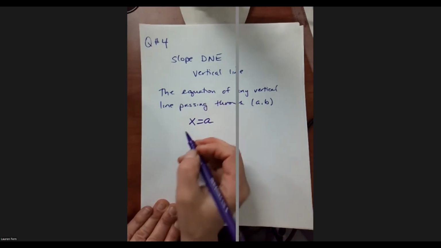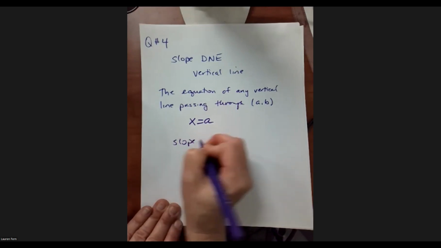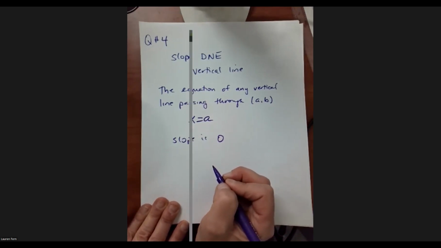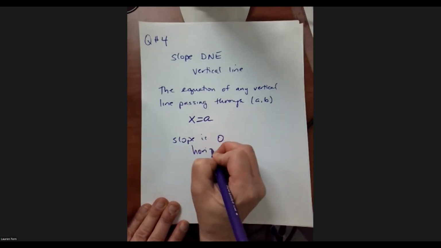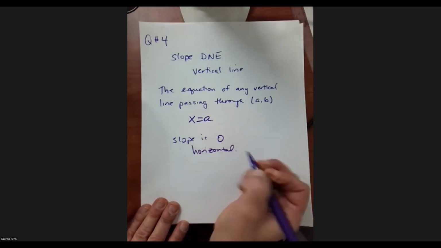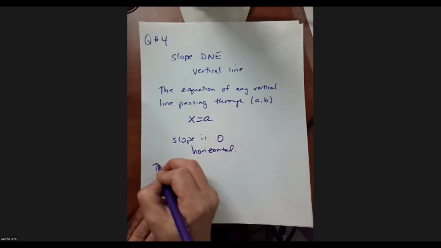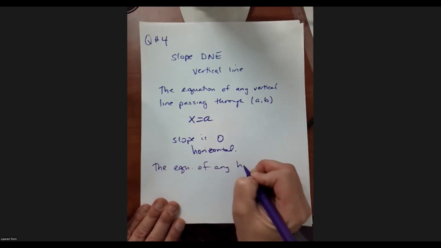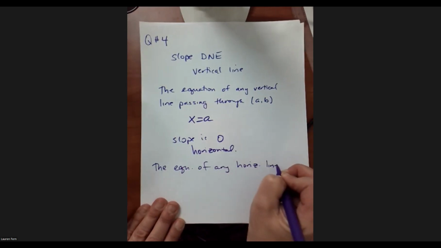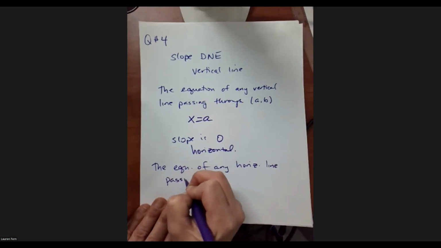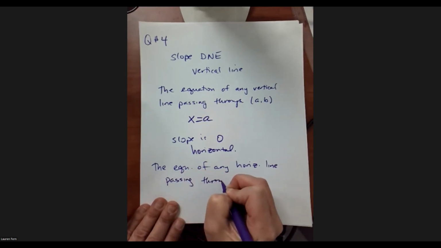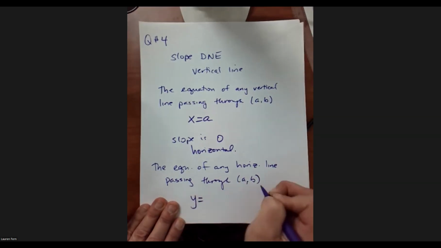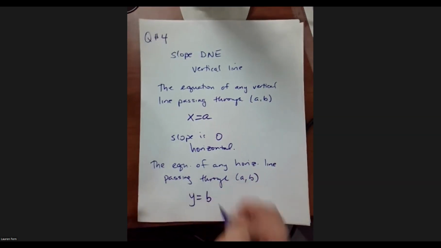Okay. Now, similarly, if they tell you that the slope is 0, what kind of line do we have? We have a horizontal line. And what we also saw is that the equation of any horizontal line passing through a point is always y equals whatever the y value is.